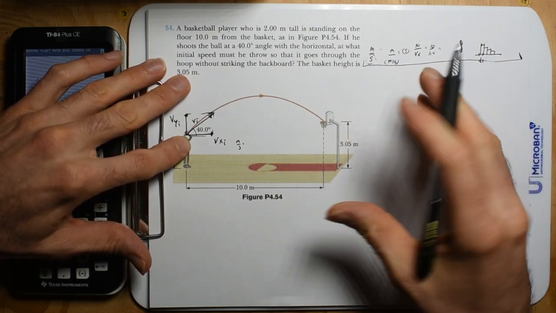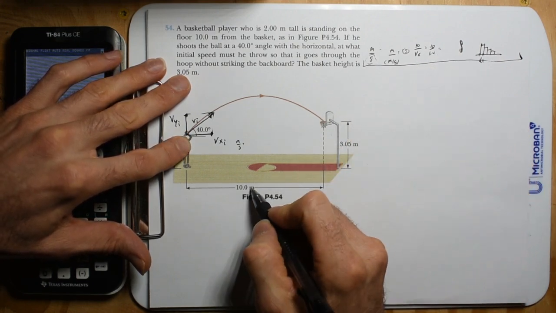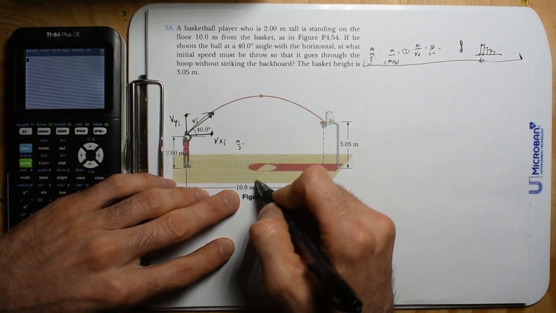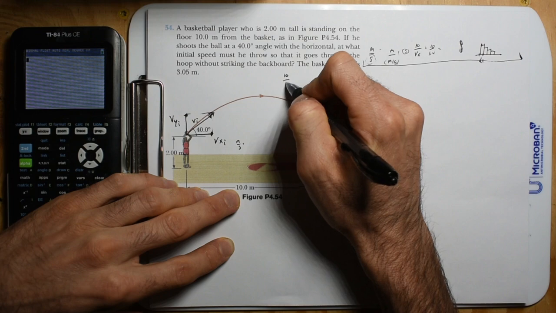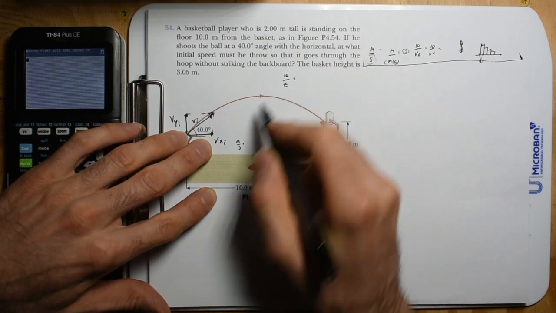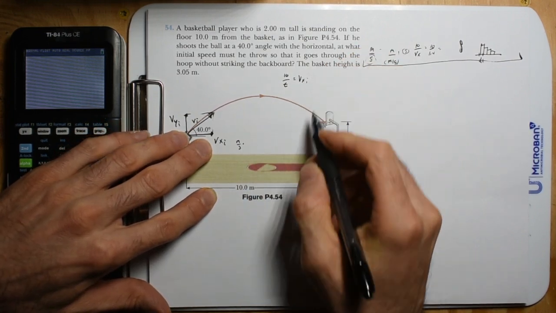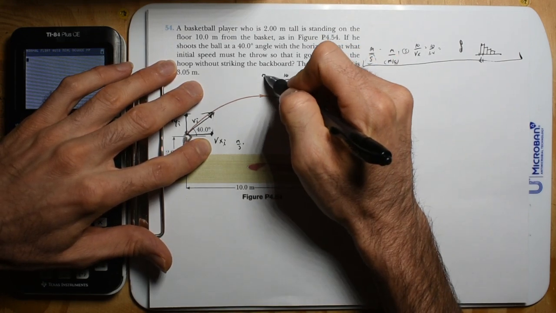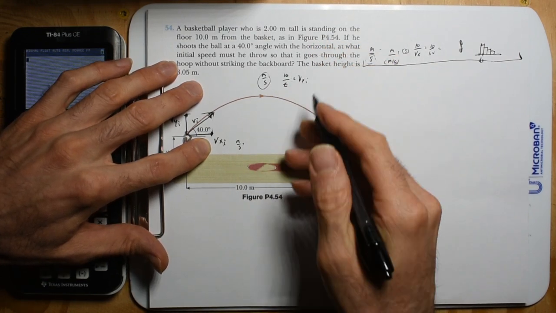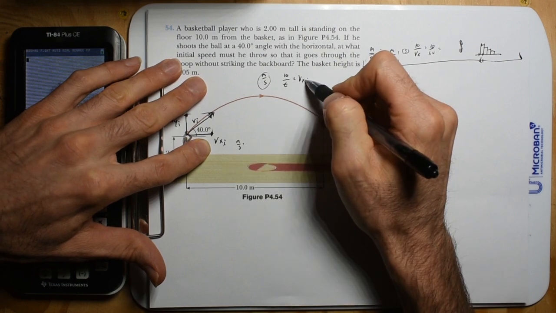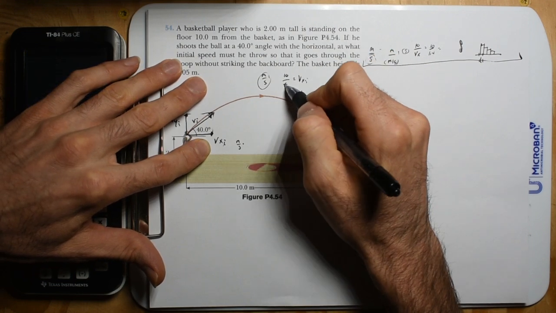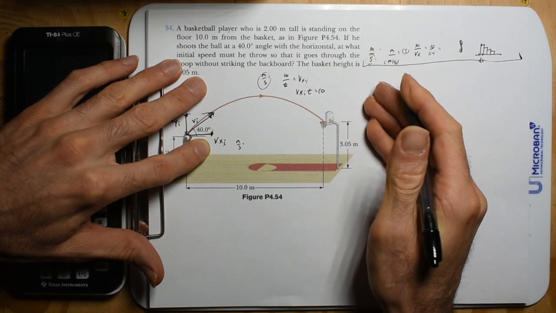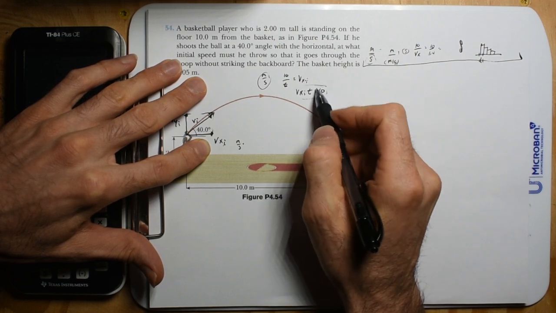I guess there are a couple ways to frame this, but you could do 10 divided by t is equal to Vxi, velocity in the x direction, because we have meters divided by seconds. But there are three ways to do this. You could also bring the t upstairs: Vx times t is equal to 10. That's probably what we'll do.